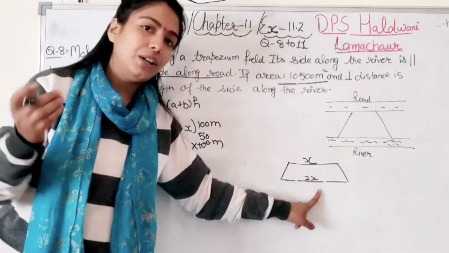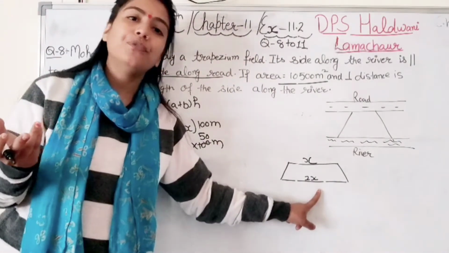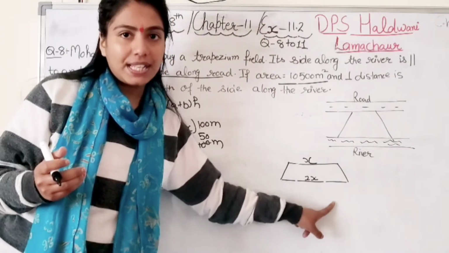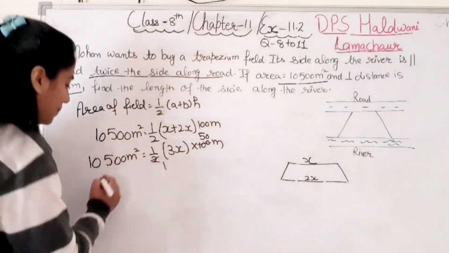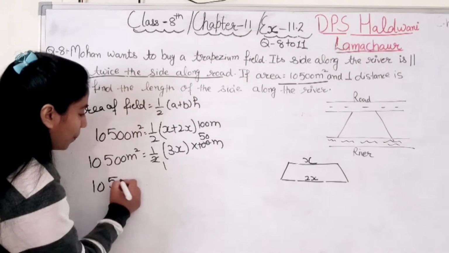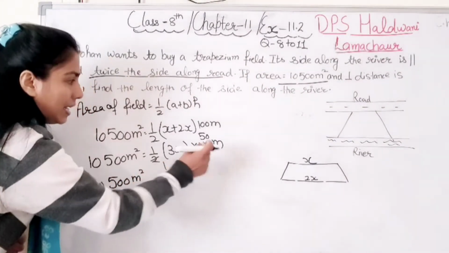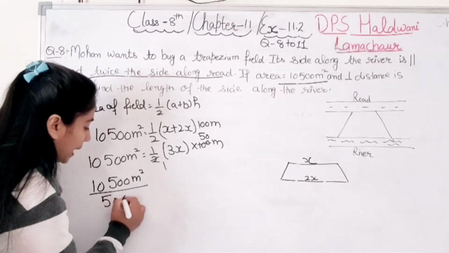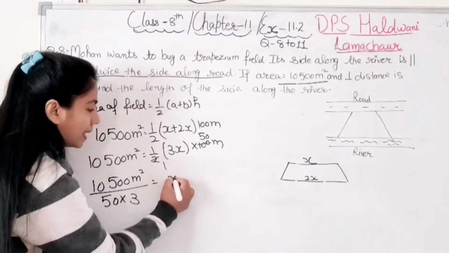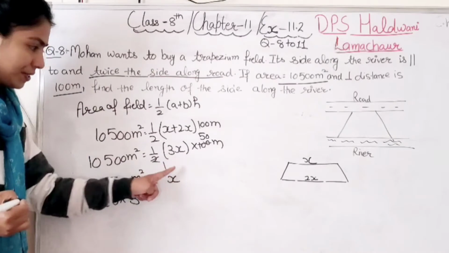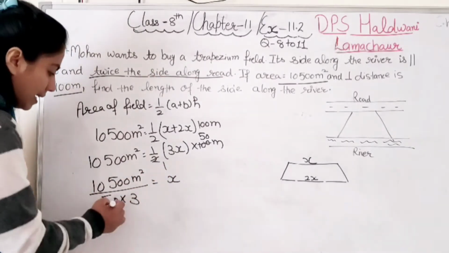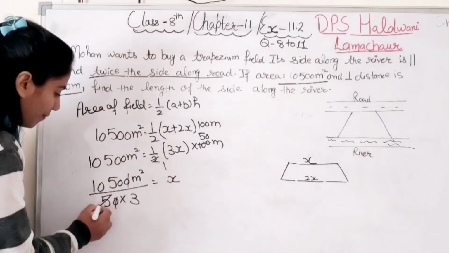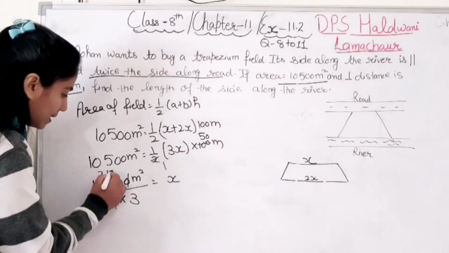When we find the x value, we will multiply it by 2 and get the length of the river side, right? So let's start. You know, students, how to do this? Both terms will shift to that side: 10500 divided by 150, because 3 times 50 is 150, is equal to x. Zero cancels zero, 5 ones are 5, 5 twos are 10, 0.